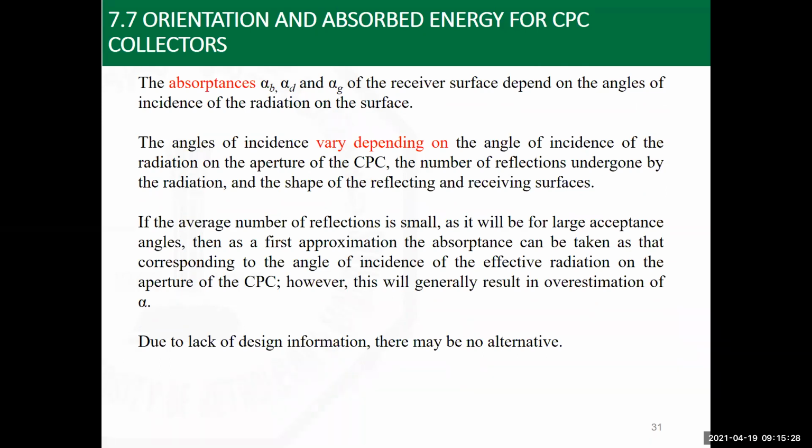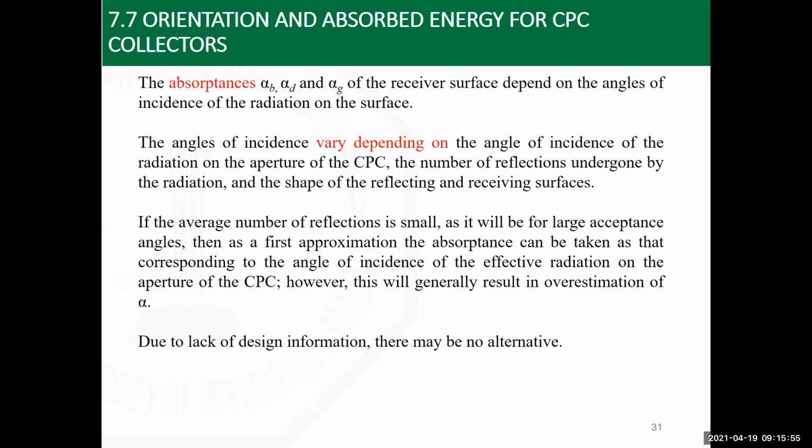So it depends on geometry as well as the angle of inclination. A small number of reflections occurs for large acceptance angles. As a first approximation, the absorptance can be taken as corresponding to the angle of incidence of the effective radiation on the aperture. That basically is going to affect the value of alpha.